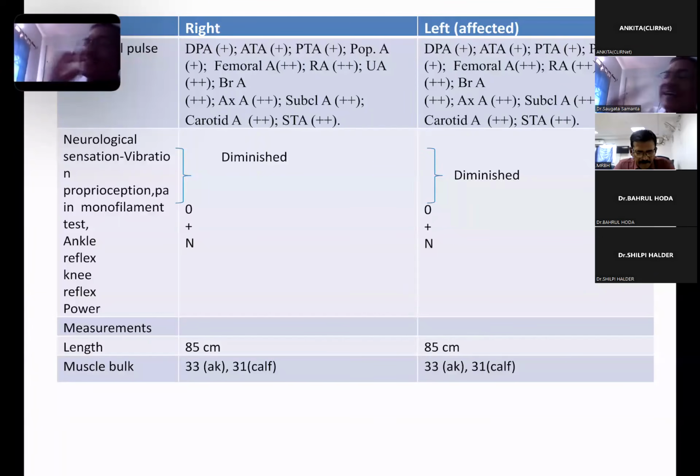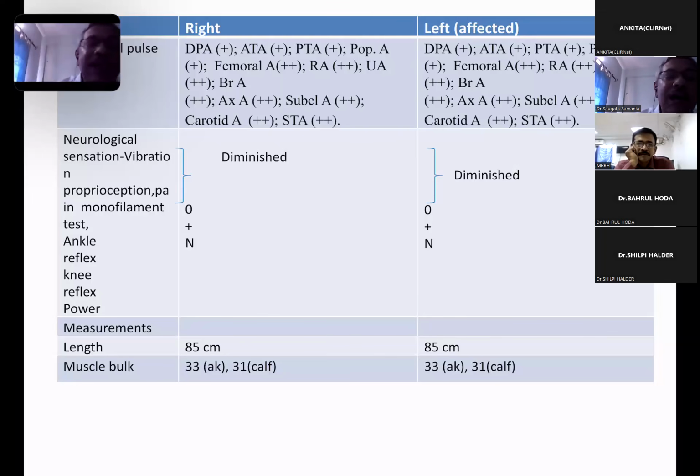The points are at the base of the first, third, and fifth toe, and then at the metatarsal head of first, third, and fifth toe. 1 point on the medial aspect of the plantar aspect of the foot, that is near about the arch. 1 on the lateral aspect and 1 on the heel. So these are the 9 points on the plantar aspect, and 1 point in the dorsum, that is in the forefoot, close to the first web space.